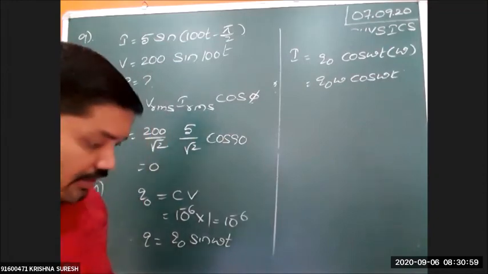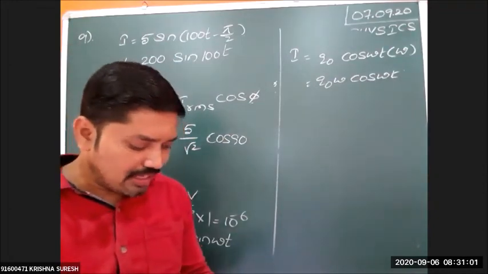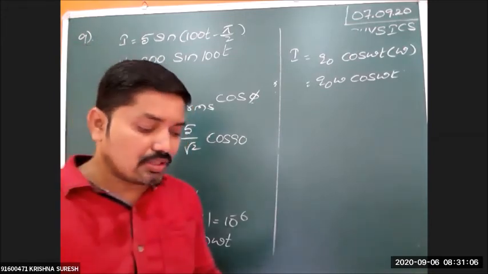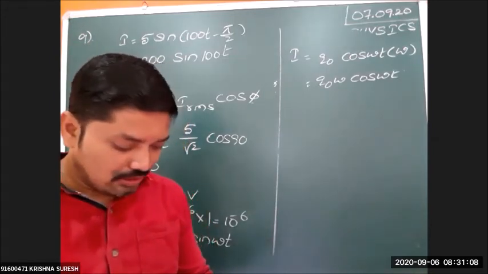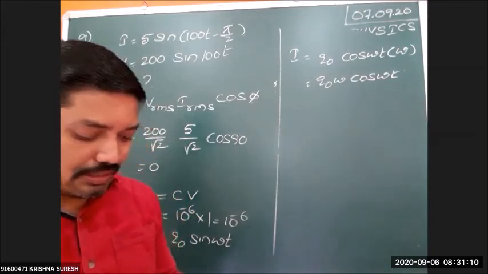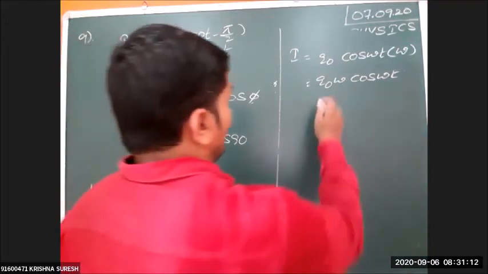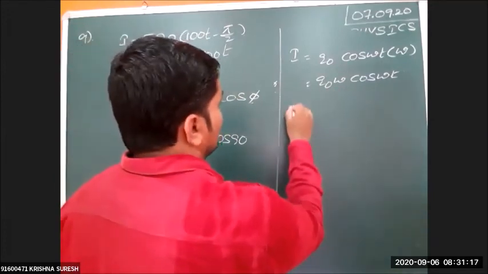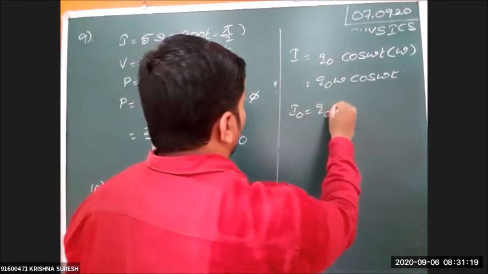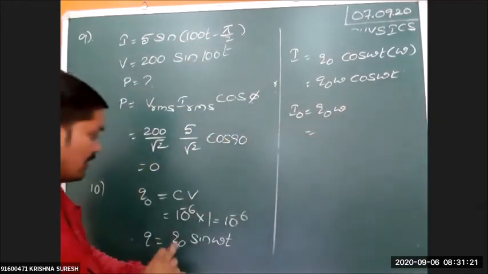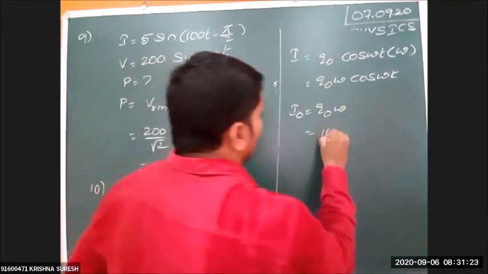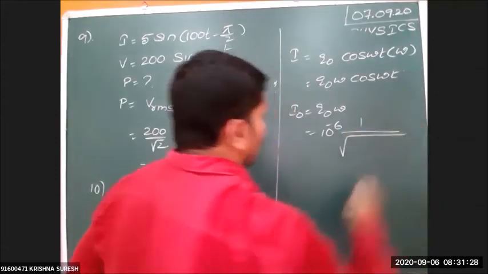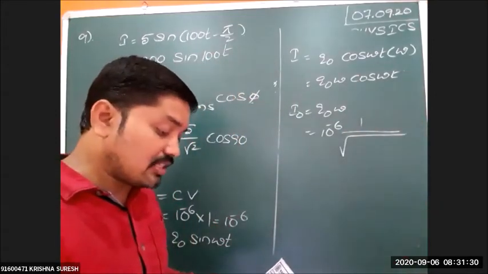Okay. Now here, the omega value we already know. What is that? Omega is equal to 1 by root LC. So if you substitute that, he is asking only for the maximum current. Maximum current means this one, that is Q naught into omega. Q naught value, how much did we get? 10 power minus 6. Omega value is 1 by root of LC. L value, how much did he give you?